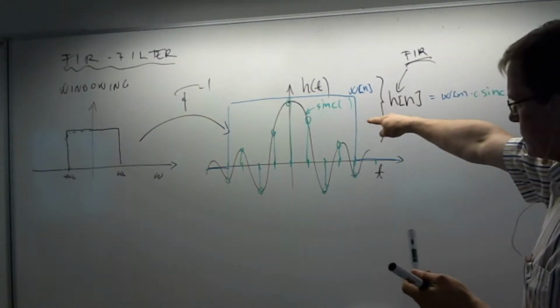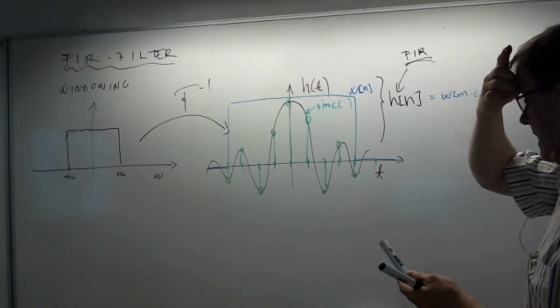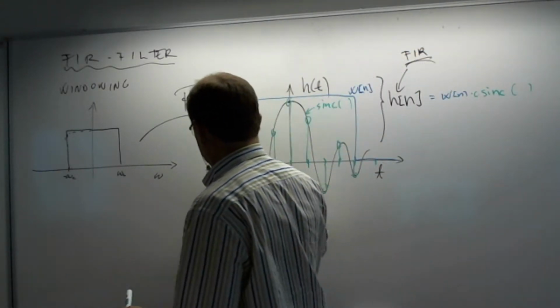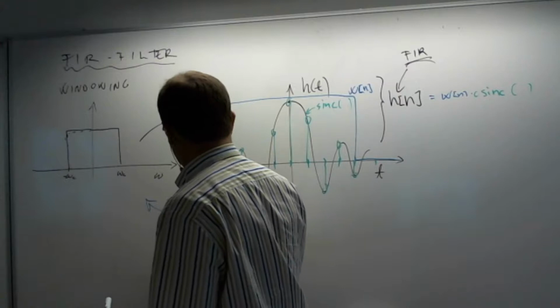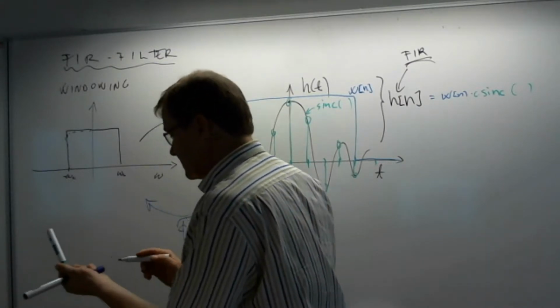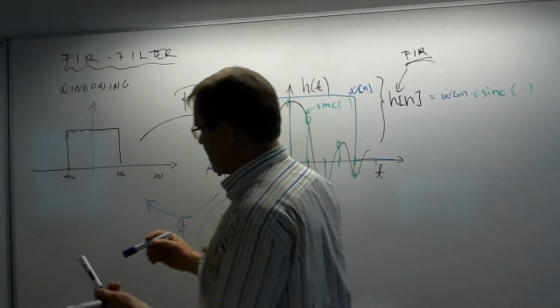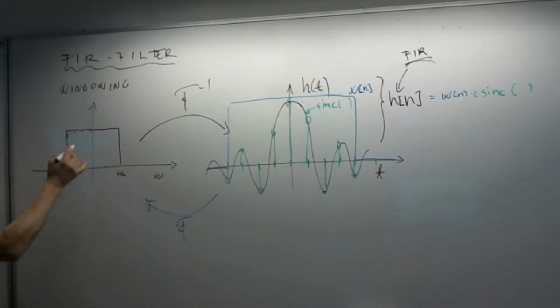If we then do the analysis of this system back to frequency space by doing the Fourier transform of the windowed sinc, we will end up having this part.